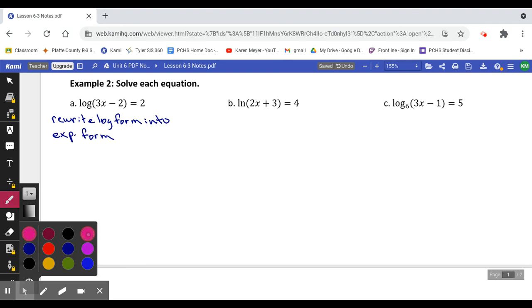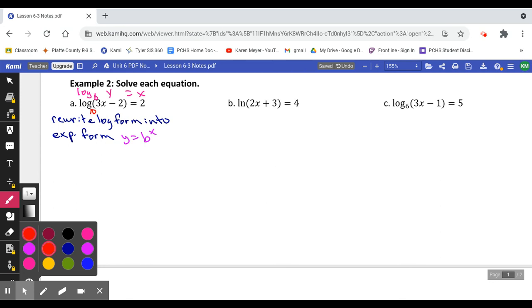Okay, so log form, in case you don't remember it, is log base b of y equals x. And exponential form is y equals b raised to the x. Okay, now if we have a log and there is no base number listed, hopefully everybody remembers that means the base number is 10.